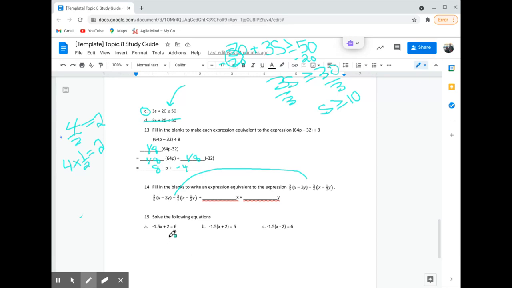The opposite. Well, that would make it 0, but it says write an expression equivalent to the expression. They're exactly the same, aren't they? Yes. Well, if they're exactly the same, what's the only thing that we could add to it to keep it the same?